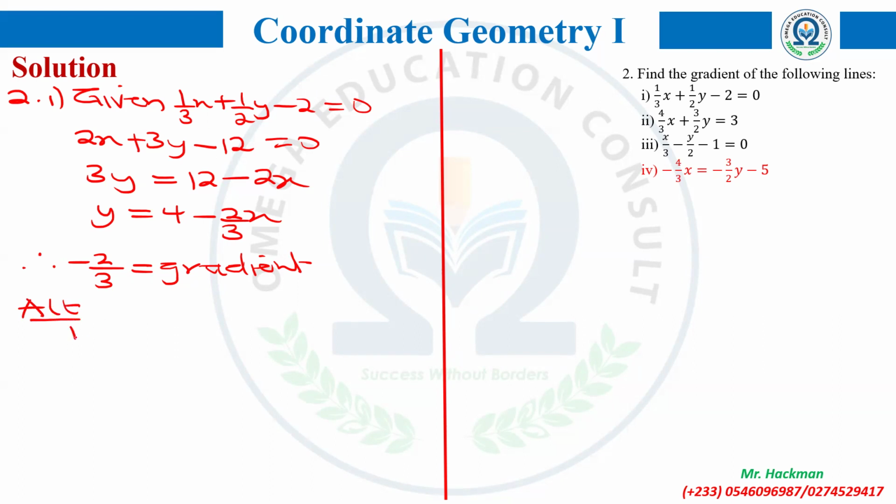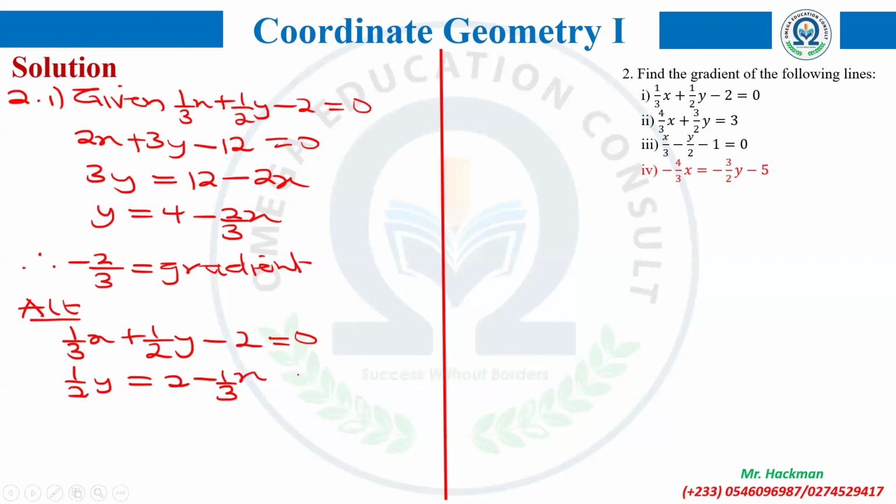You've been given 1 over 3x plus 1 over 2y minus 2 is equal to 0. So I'm making y the subject, so isolate the term in y. In that case, I'm going to isolate 1 over 2y, and that will be minus 1 over 3 x plus 2.